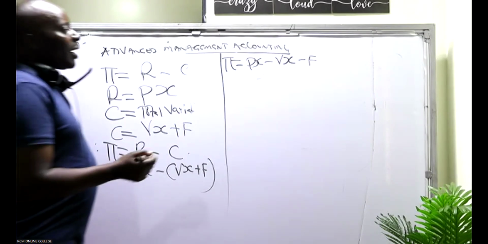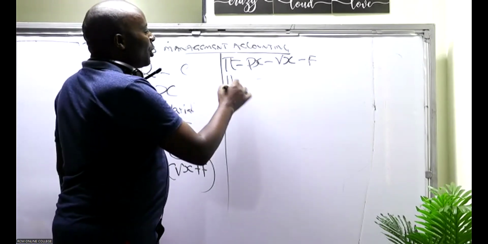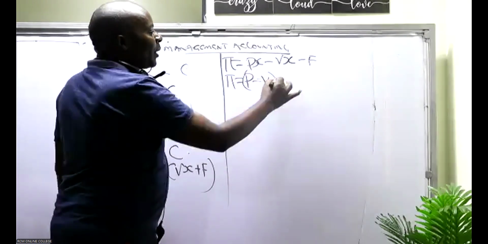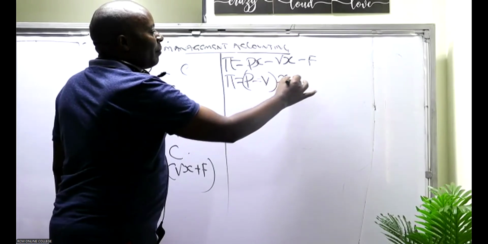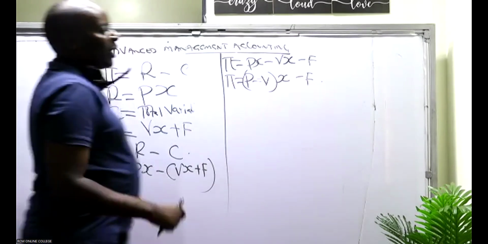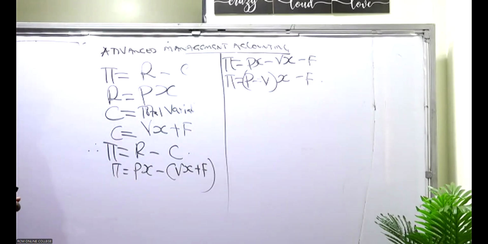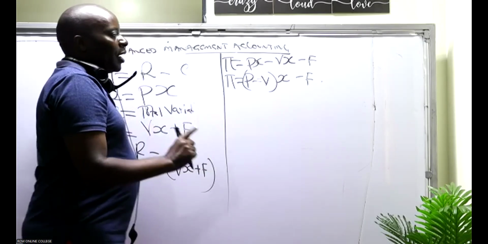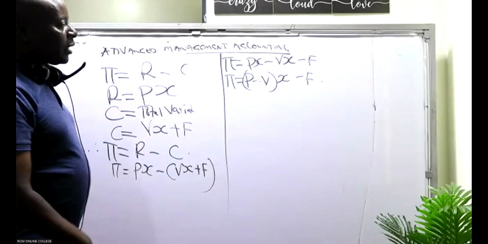Ladies and gentlemen, I can come and factor out X. So if I factor out X, I will have P minus V multiplied by X, minus fixed cost. This is really interesting because I've factored out X. So it will be P minus V multiplied by the number of units, minus fixed cost.